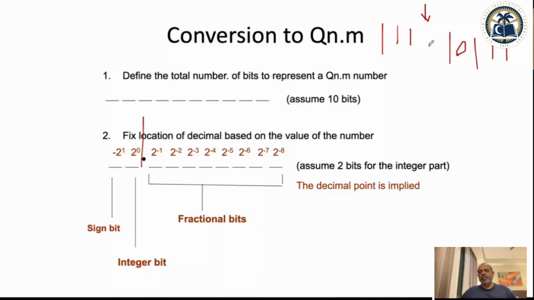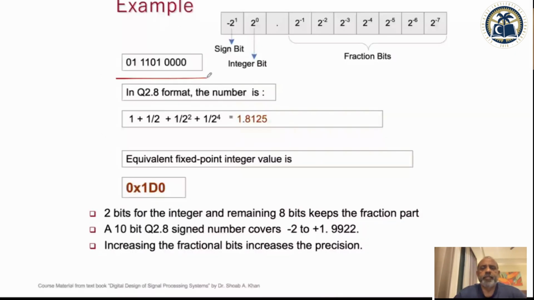There are 4 bits in the integer part, so you're going to have the sign bit extended to this, so that you always have a fixed number of bits for the integer part and a fixed number of bits for the fractional part. There is no exponential because you have fixed the decimal point and you keep track of it throughout your computation.